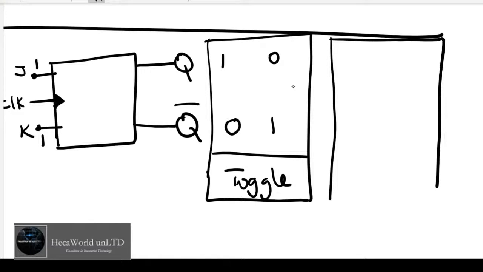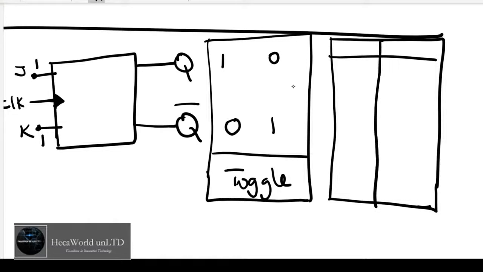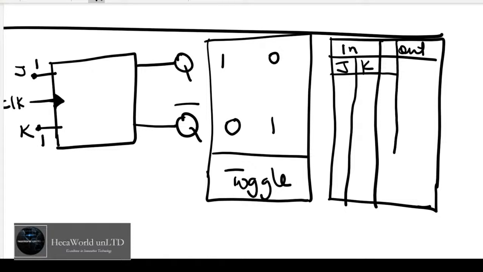Let's say this is in and that is out. This is J and that is K. I didn't give any room for clock, so let's take part of the output for CLK.